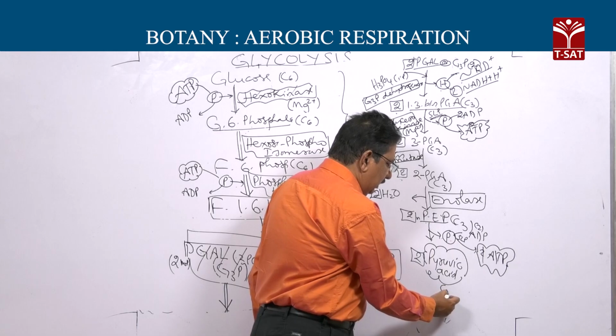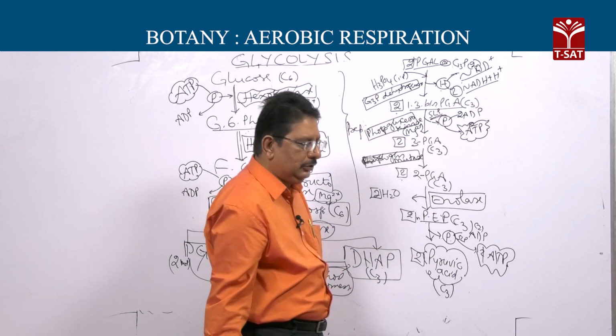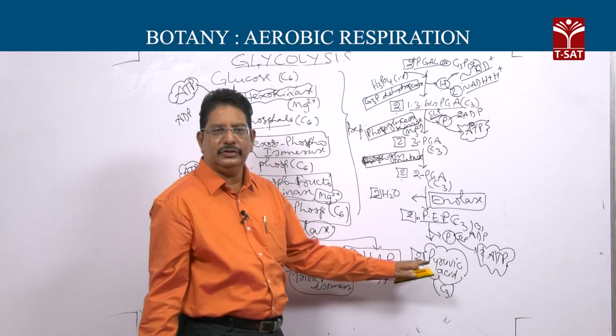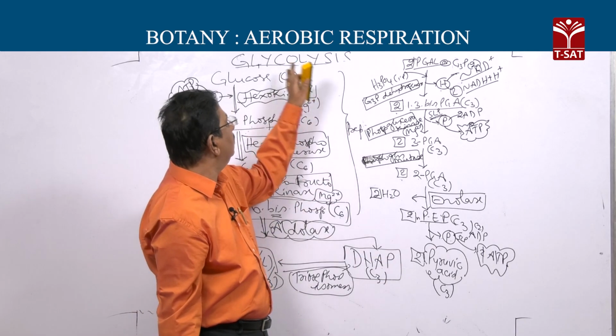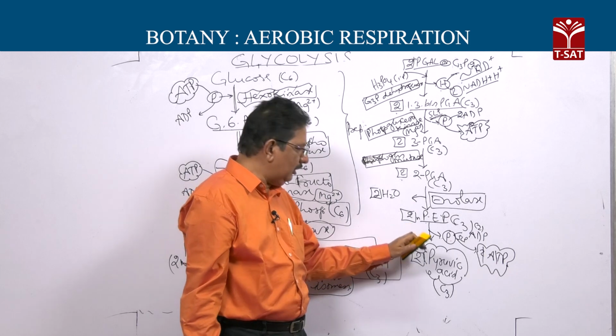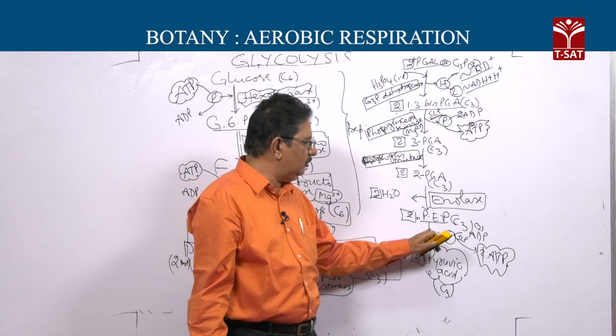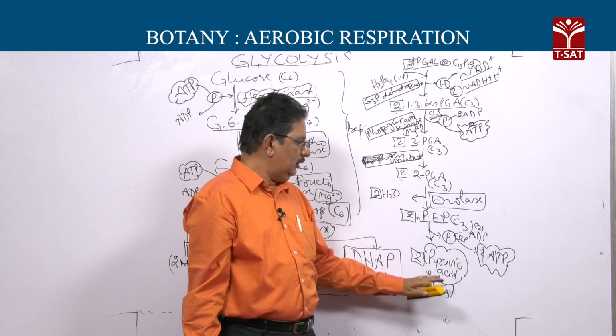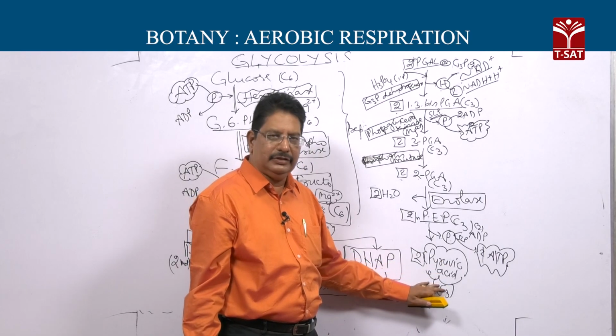Finally, a compound with 3 carbons is called pyruvic acid. So, finally, one molecule of glucose through this mechanism is converted into 2 molecules of PEP, and 2 molecules of pyruvic acid.